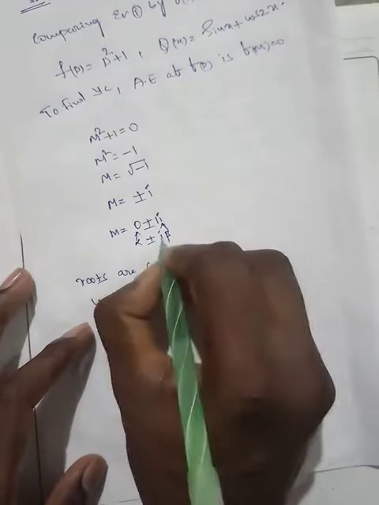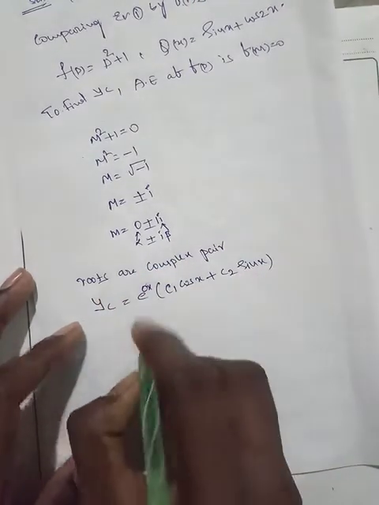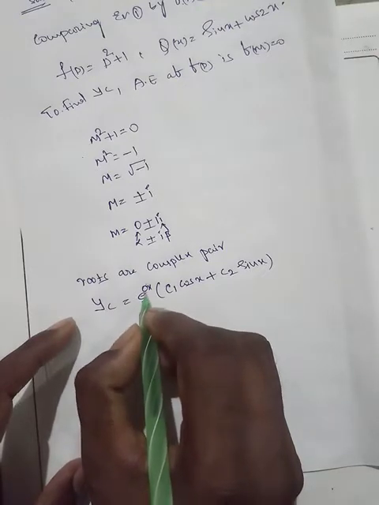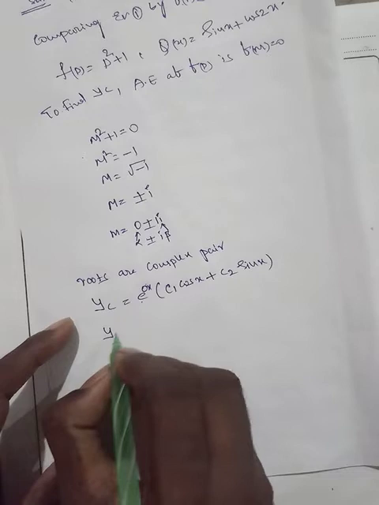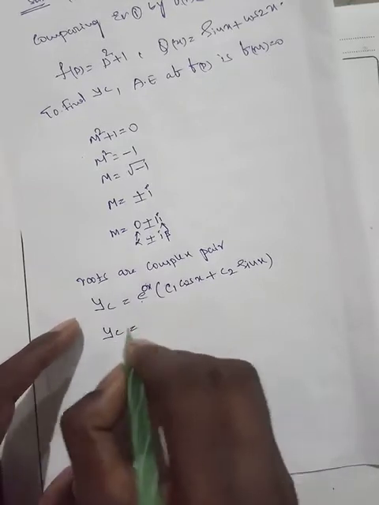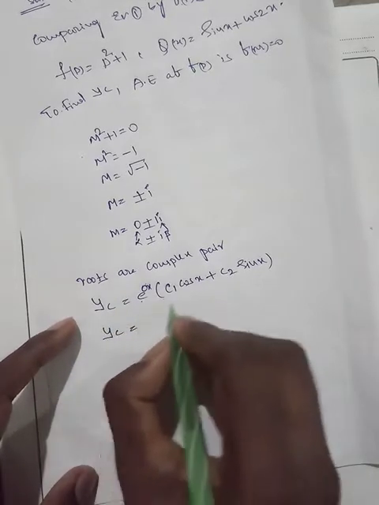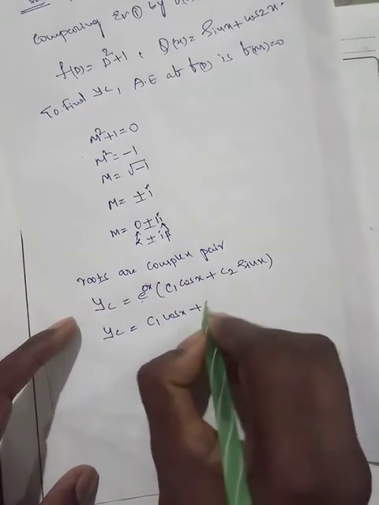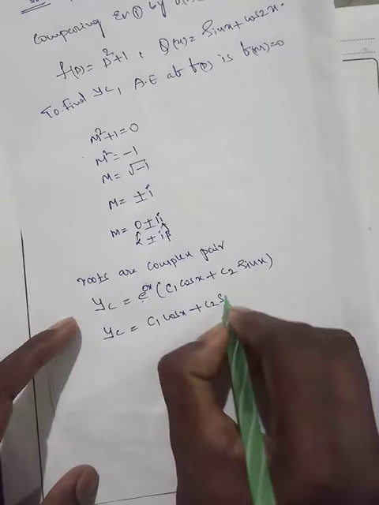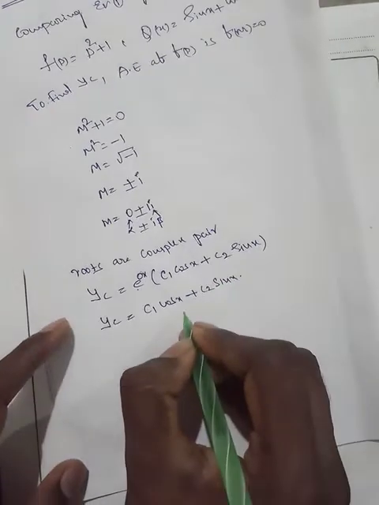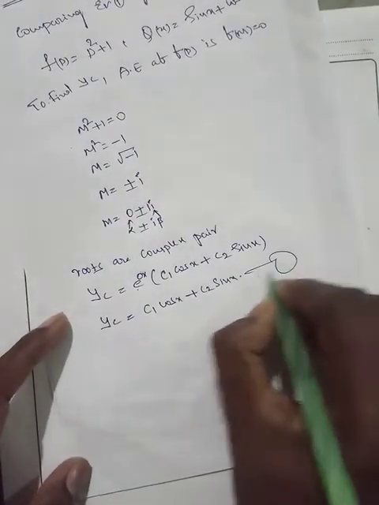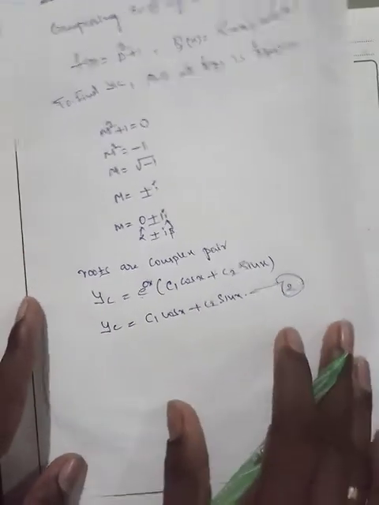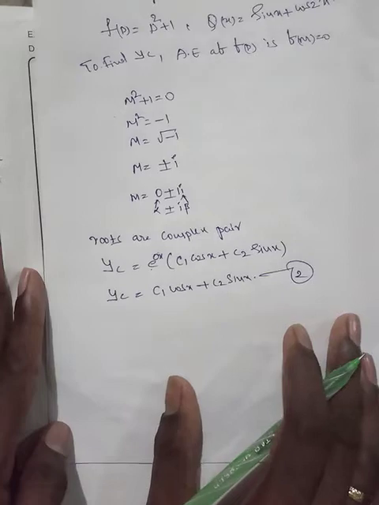Alpha is 0 and beta is 1, so e power 0 x is e power 0, which is 1. So finally yc becomes c1 cos x plus c2 sin x. Let us assume this is equation 2.